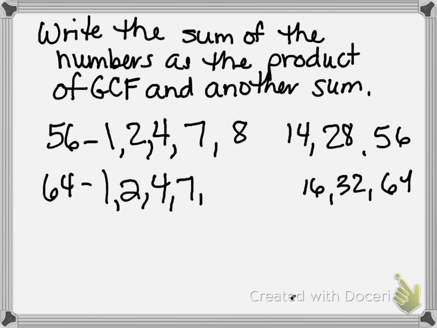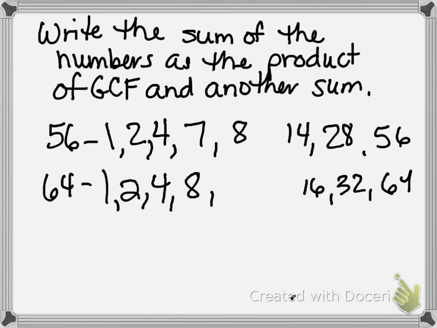It doesn't go into 7. 7 doesn't go in. 8? Yes, 8 times 8. And we know 9 doesn't go into it. So, I only need that one time. So there are my factors.